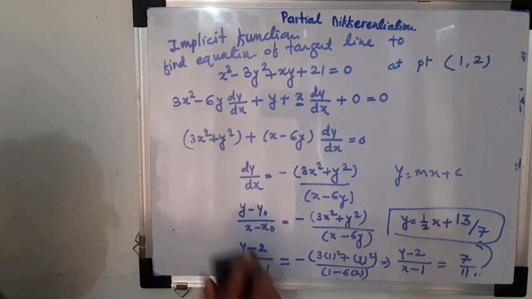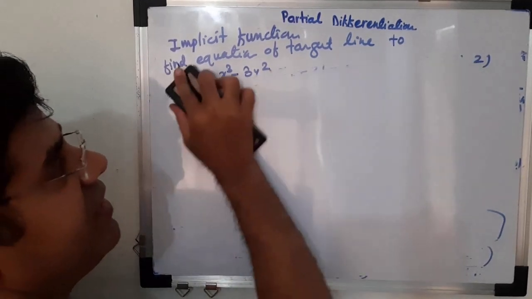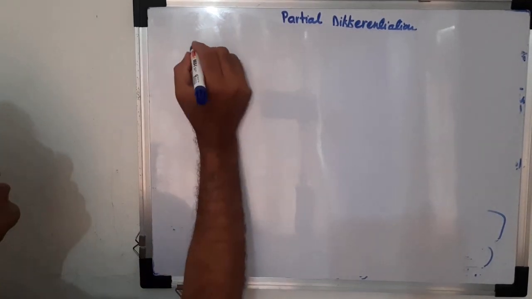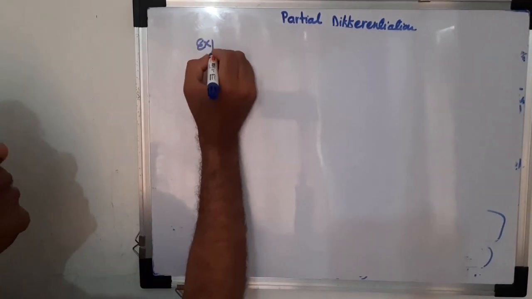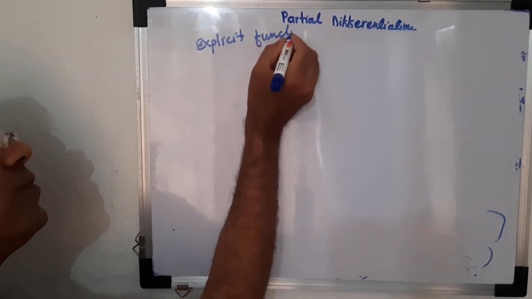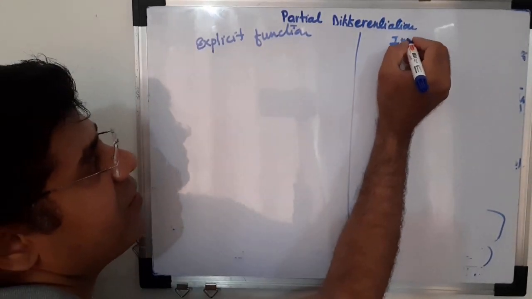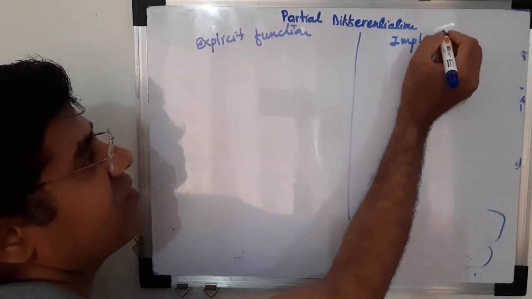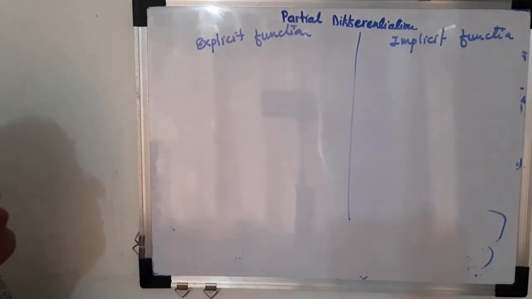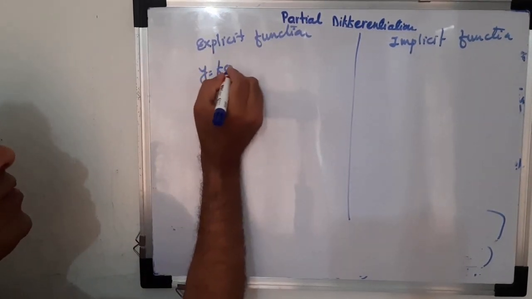Okay. So in today's lecture we have seen two kinds of functions. First is the explicit function, and second is the implicit function. Here y is suppose f of x.